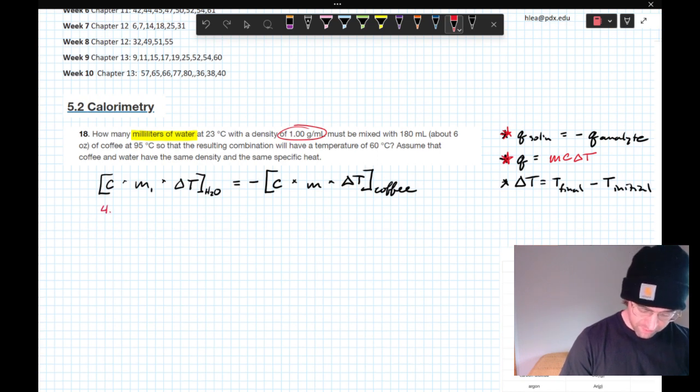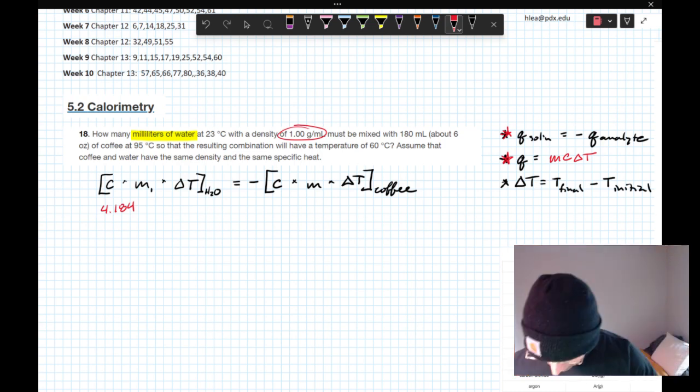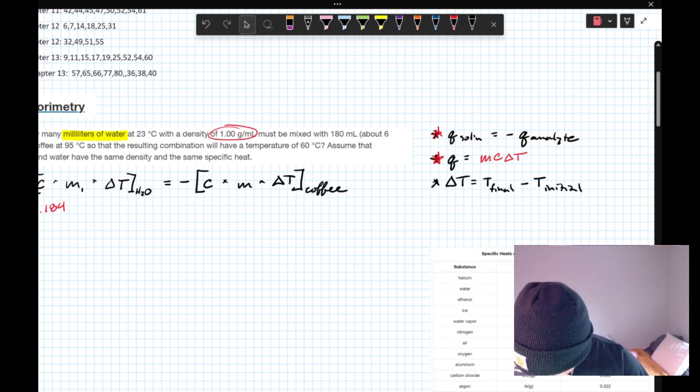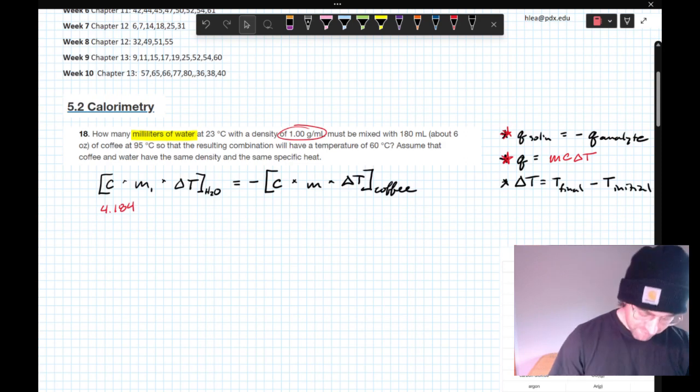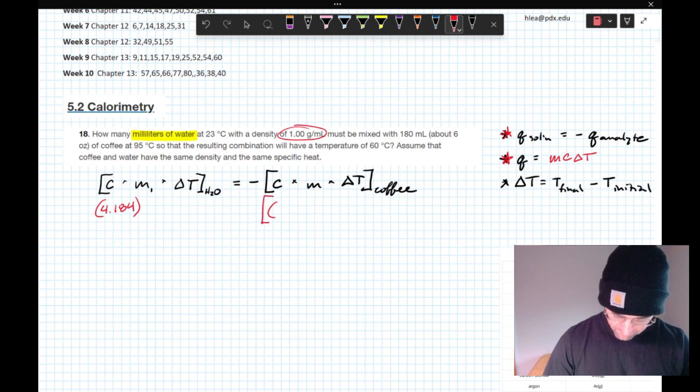And that is 4.184 joules over grams degrees Celsius is your unit there. But I digress. So 4.184, we've got that on both sides of our equation.